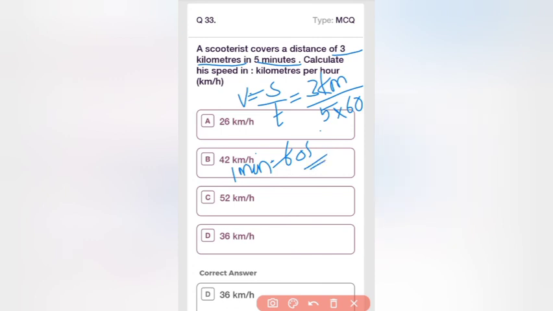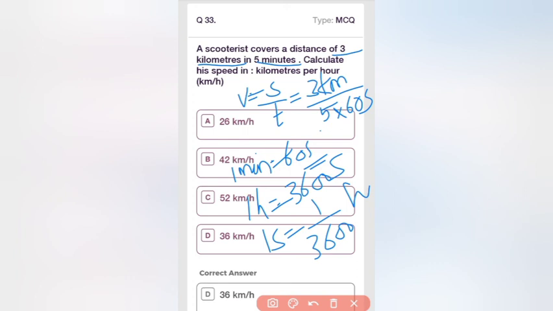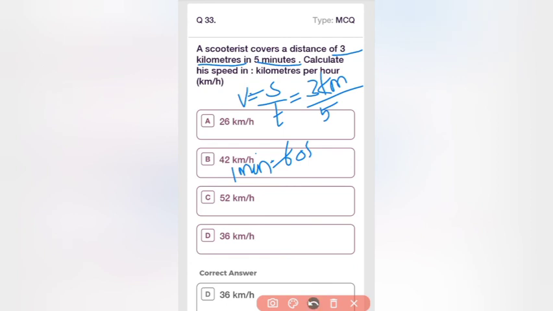That is in seconds. But we don't want in seconds. So we know 1 hour is equal to 3600 seconds. So how to get 1 second? 1 second is equal to 1 divided by 3600 hour. So we need to substitute this over here. Okay. So 1 divided by 3600 hour we need to have.